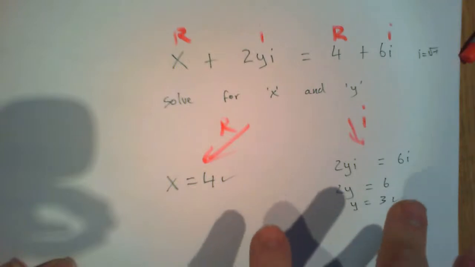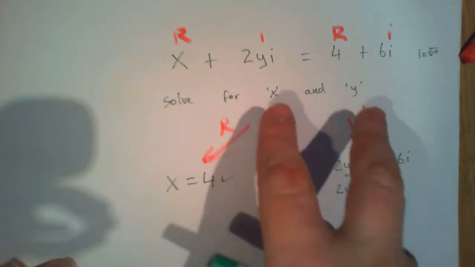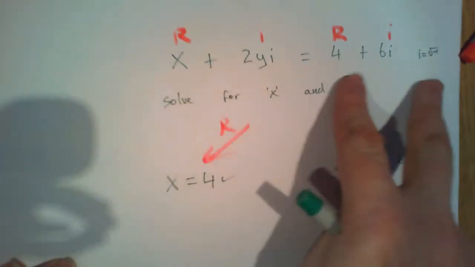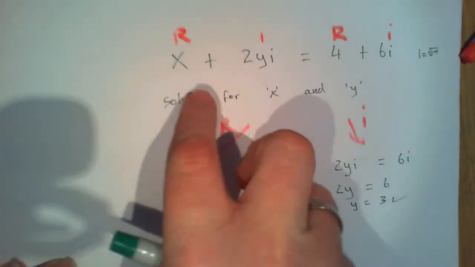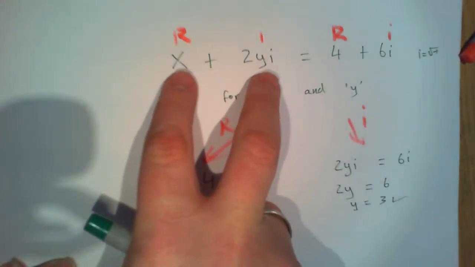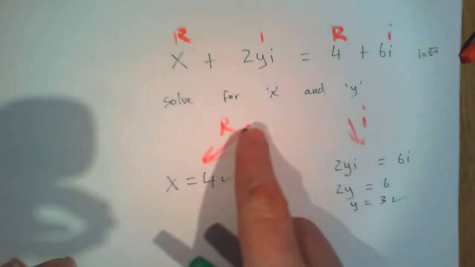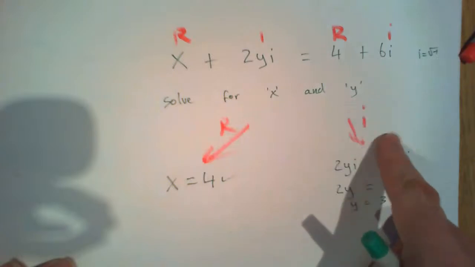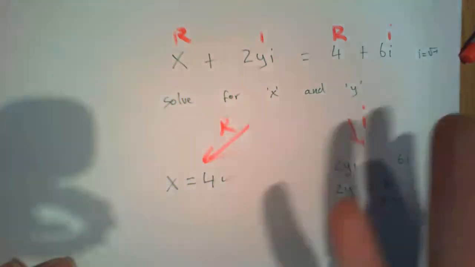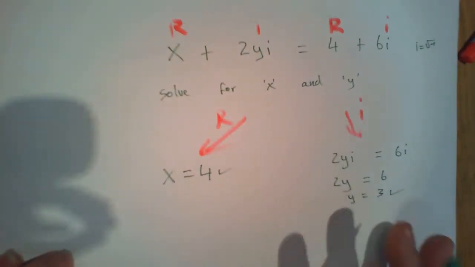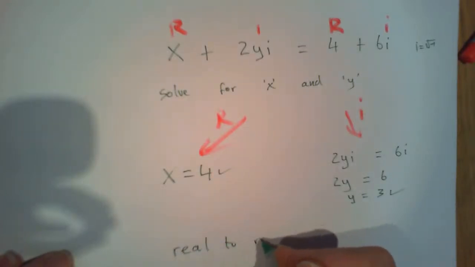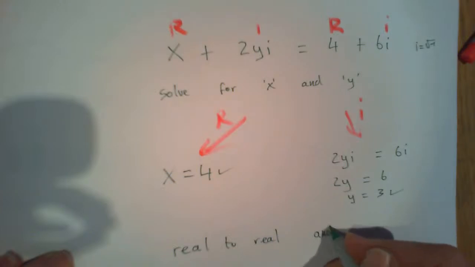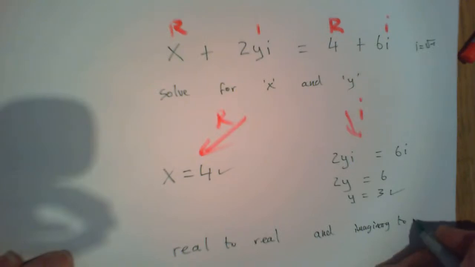So it's a very important concept, this idea that when you have a mixed sum, where not only do you have real and imaginary, but you have unknown variables, you can solve them by separating the real from the imaginary. Or to put it in an easier way to remember: real to real and imaginary to imaginary.